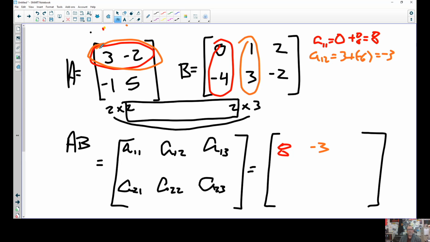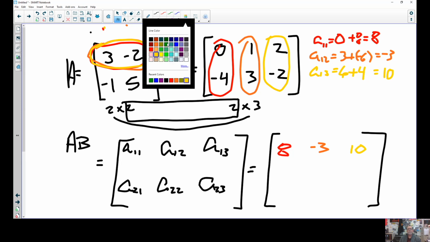A13 would be first row, third column. Let's write it down. A13 is 3 times 2, or 6, plus -2 times -2, or 4. That is 10. We have that done. Now we can go to the next row.